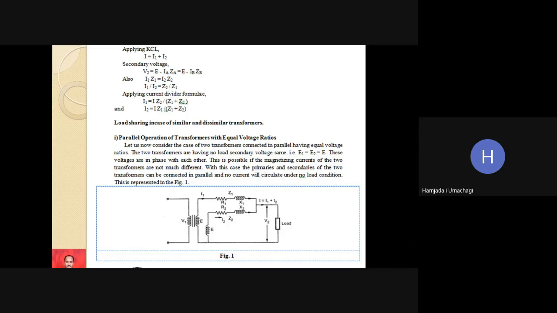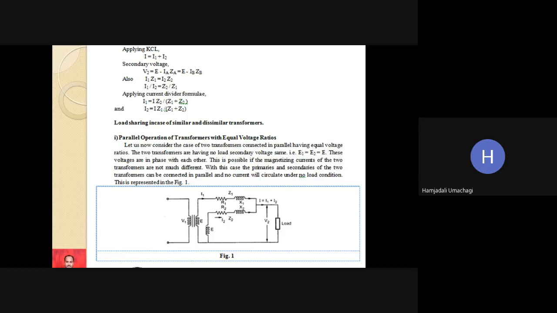The first transformer has resistance R1, reactance X1, and their combination is impedance Z1. R1, X1, Z1 are all parameters of transformer 1. I1 is the primary current of the first transformer. Similarly, the second transformer has resistance R2, reactance X2, and impedance Z2, the combination of R2 and X2. These are the parameters of the other transformer connected in parallel with the first.